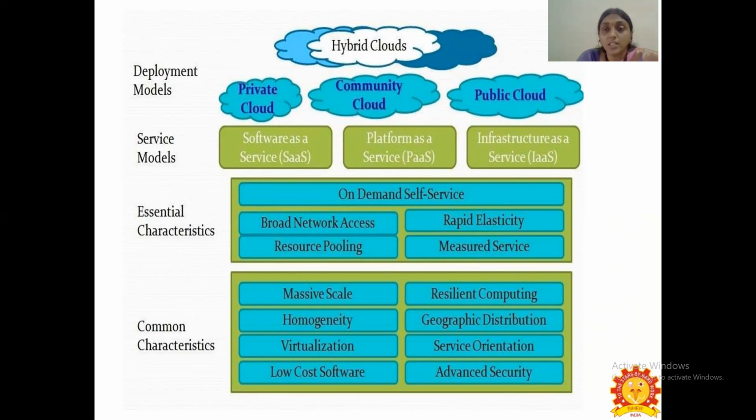Including the hybrid cloud, we have four deployment models, which are private cloud, community cloud, public cloud, and hybrid cloud, as we saw earlier. The different service models are given here as software as a service, platform as a service, and infrastructure as a service. Here are the essential characteristics mentioned, which are on-demand self-service, broad network access, rapid elasticity, resource pooling, and measured service.